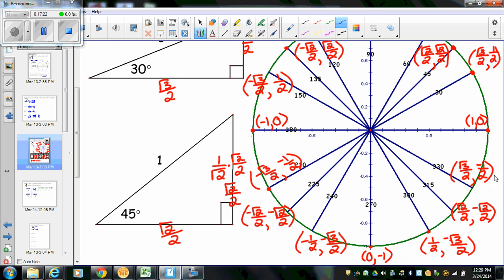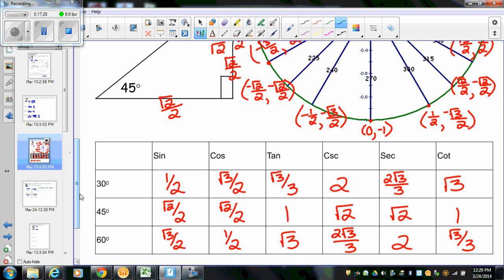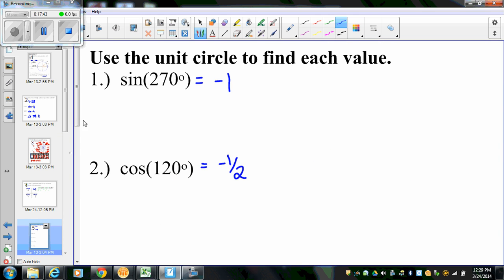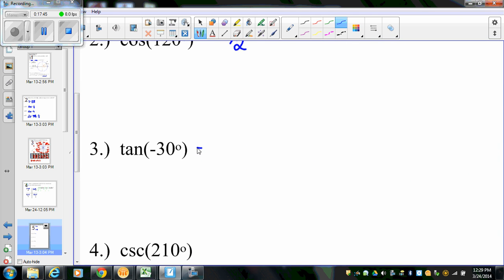So you could either do y over x, -1/2 over square root of 3 over 2, or you can go look at your table and see that tangent of 30 is square root of 3 over 3. However, -30 is in the fourth quadrant, and tangent in the fourth quadrant is negative. So rather than square root of 3 over 3, it would be negative square root of 3 over 3.